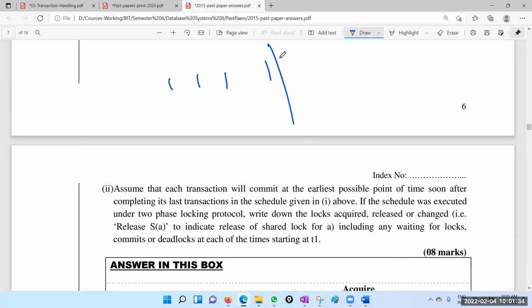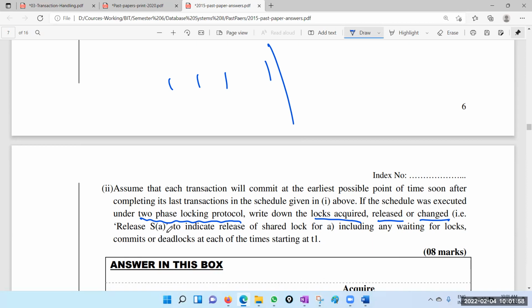If the schedule was executed under the 2-phase locking protocol, write down the locks acquired, released, or changed. Change usually means upgrades and downgrades, but usually the examiner is not worried too much about those.